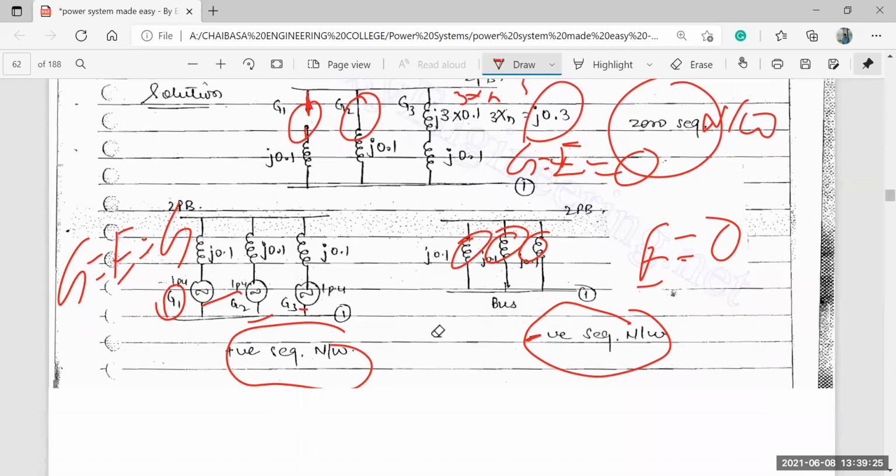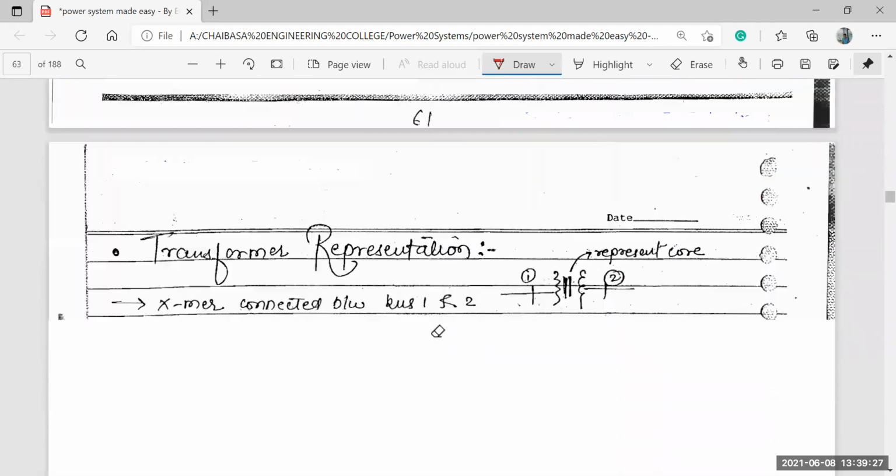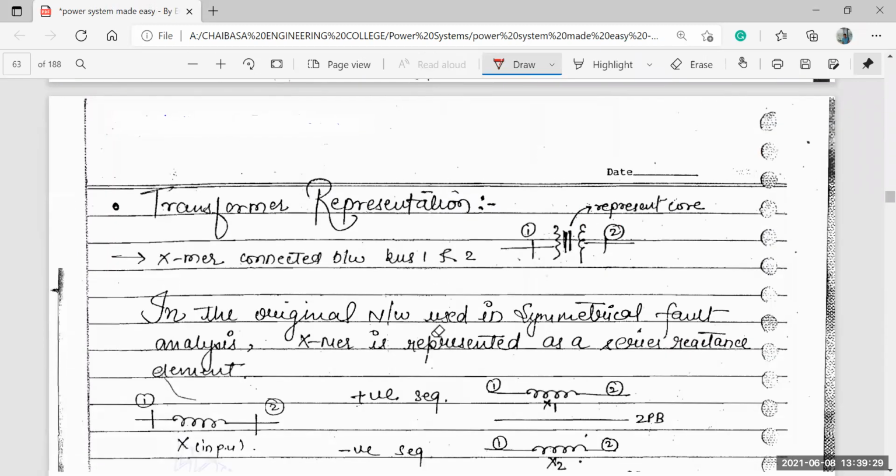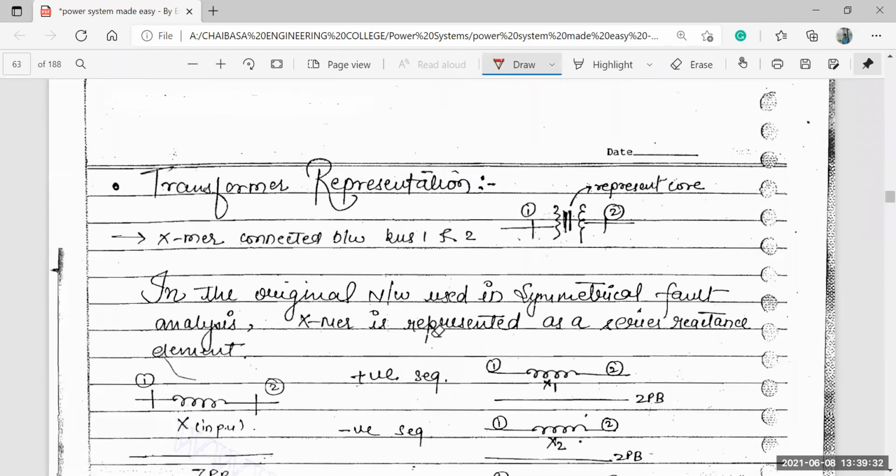No G value would be present in this particular fashion. So this was the actual thing that I wanted to show you.